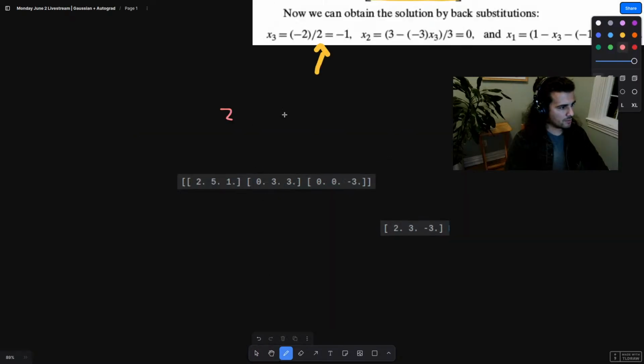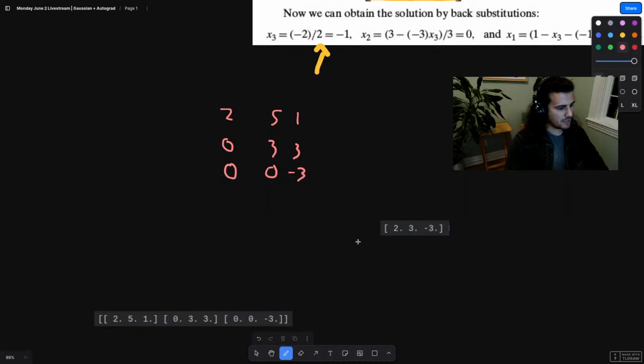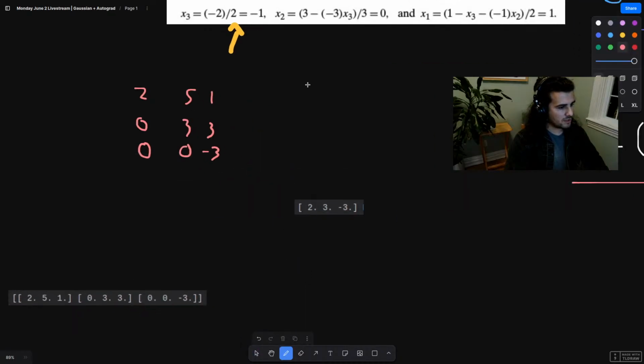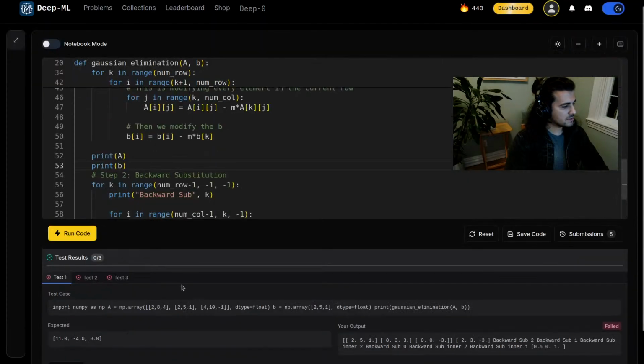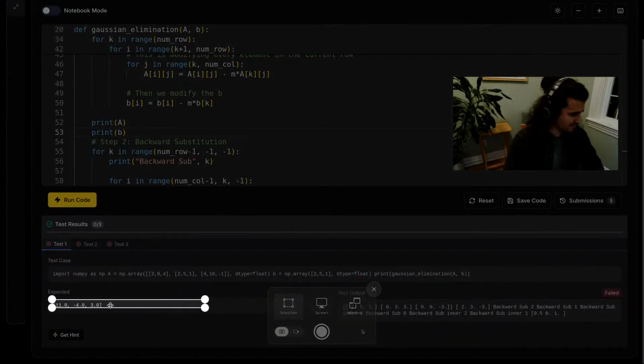So what do I work with? 2, 5, 1, 0, 3, 3, 0, 0, -3. Right, and then I have at this point 2, 3, -3. So this is my A, this is my B. What's the answer? It's 11. It's 11, the answer.